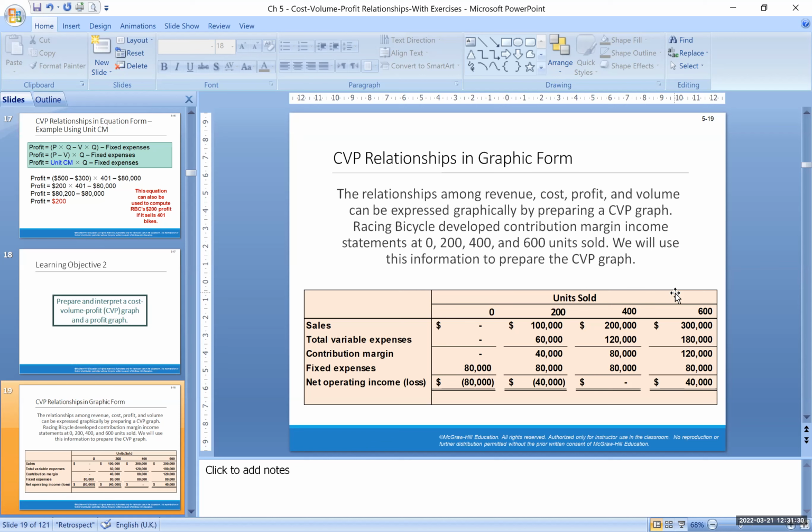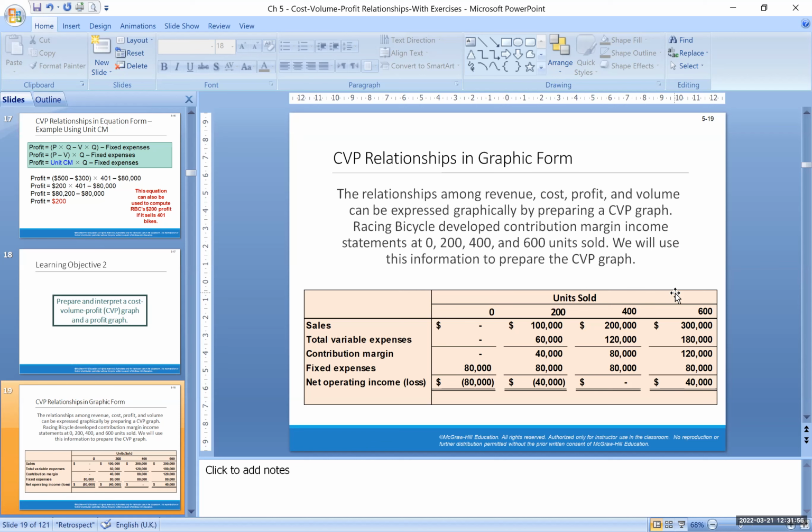Zero means that the company breaks even at 400 units. So we have to sell 400 units in order to break even, meaning to recognize a profit of zero, not recognizing any profit or loss. And this is also important. If we sell more than 400, then the company will recognize a profit.